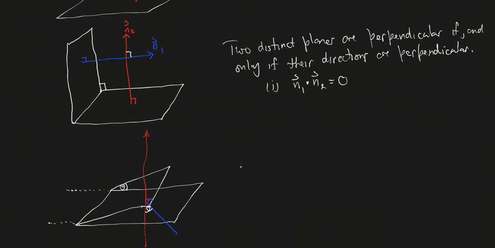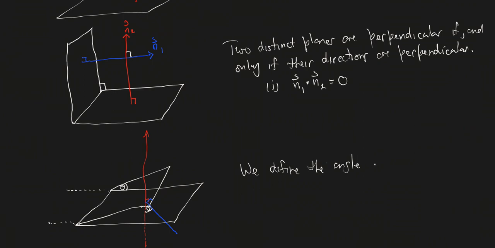So we define the angle. And this equation that I'm about to write down, which is something that we've used before, works whether it's an acute angle or 90 degrees. It works either way.